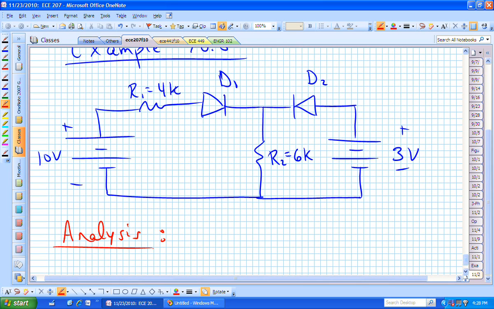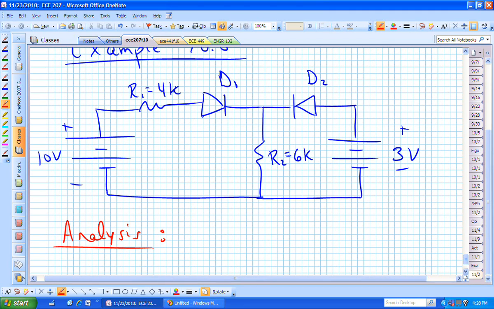If indeed there's current flowing out of the positive terminal on that 10-volt battery, there may be some voltage dropped across R sub 1, but I'm probably still going to have a voltage bigger than 3 volts on the cathode side of diode 1. Does that make sense? Your gut feel maybe is to say, oh, maybe diode 1 is conducting.